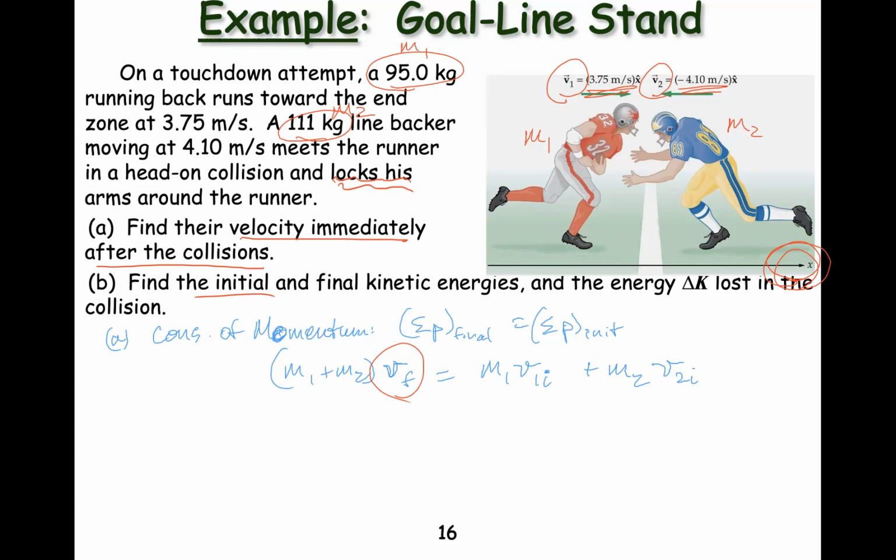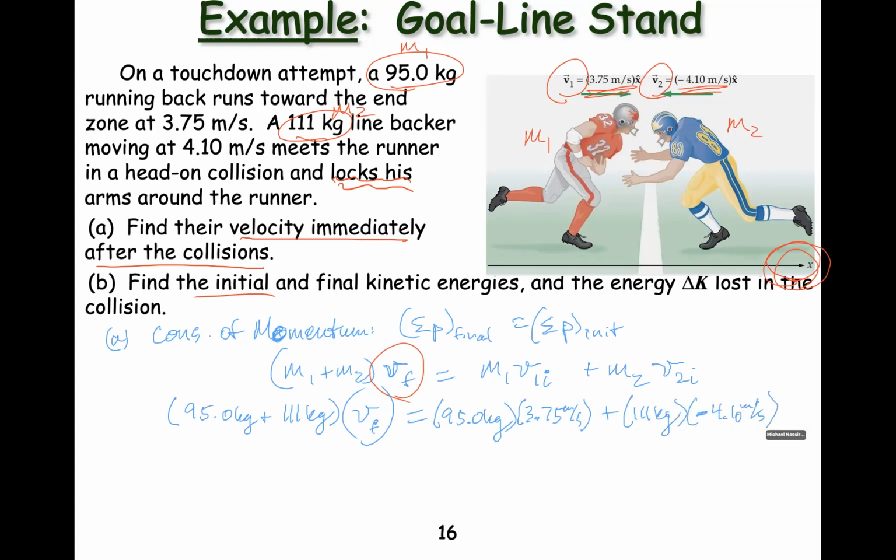So this is going to be 95 plus 111 kilograms times V final, that's our unknown, equal to 95 times positive 3.75 meters per second, because that runner was moving to the right, and 111 times negative 4.1 meters per second because the other runner was moving to the left.